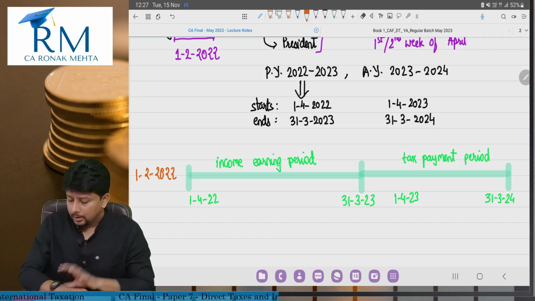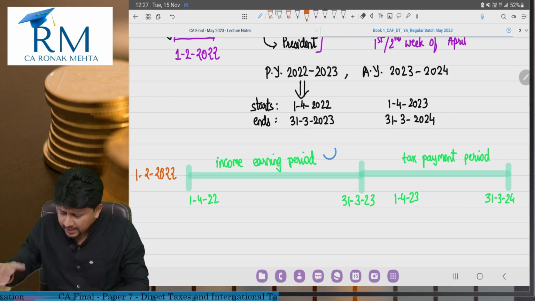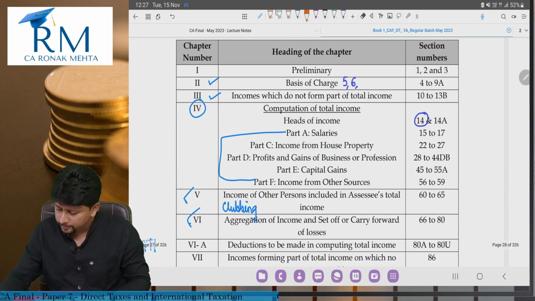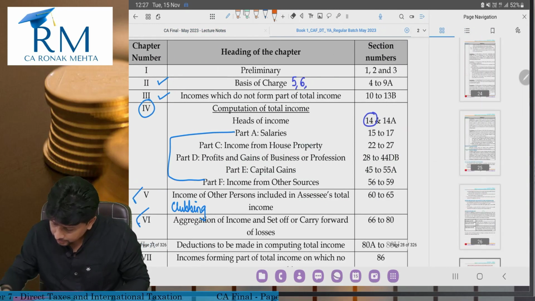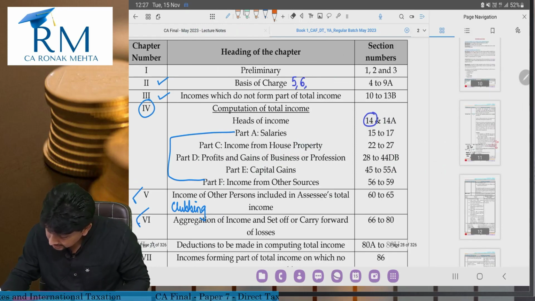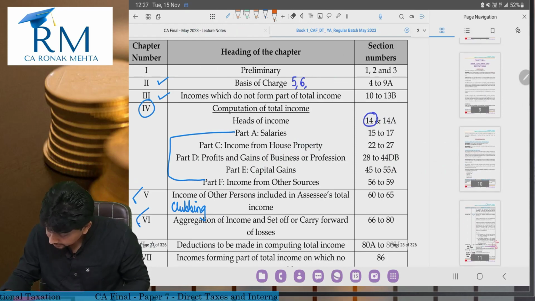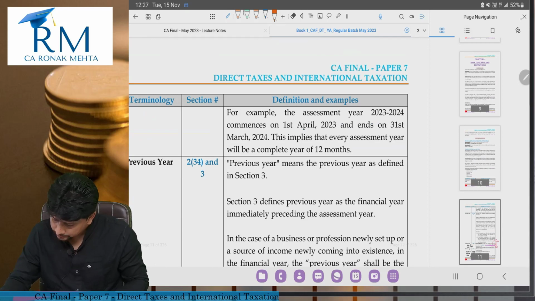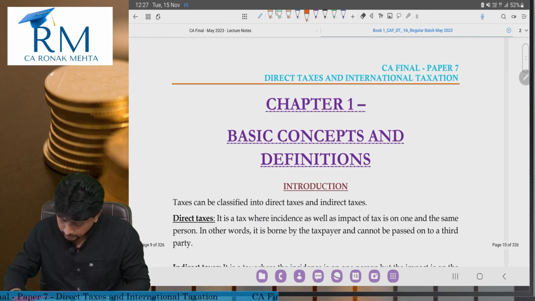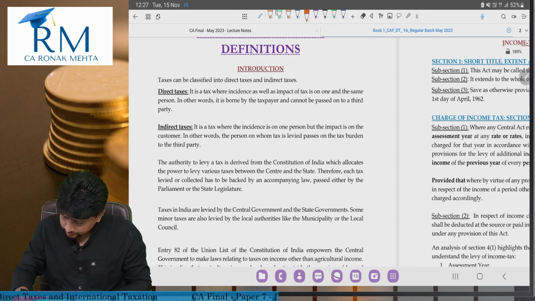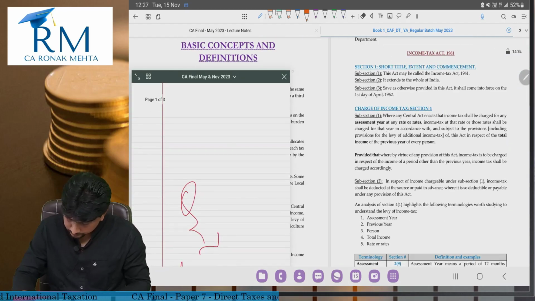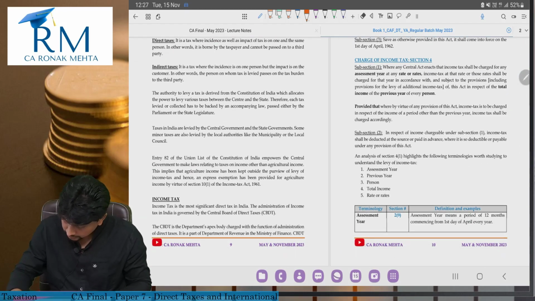Now, some time ago I told you, yes, we will look into the definition also of previous year and assessment year. Actually that's a kind of a formality, but let's discuss that also. See, what is the meaning of assessment year?